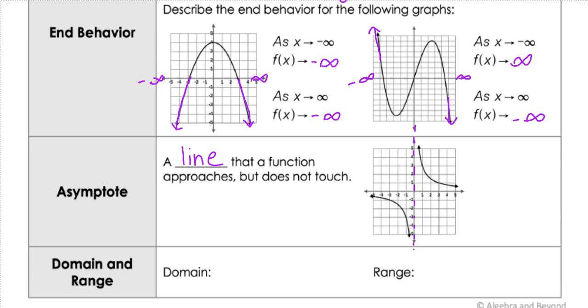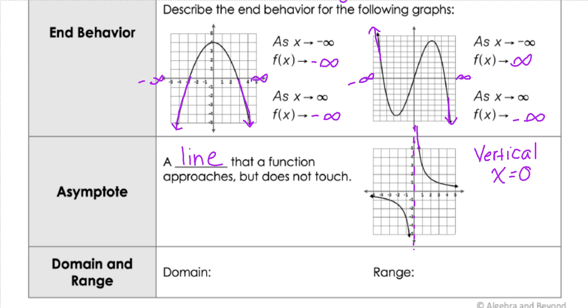It's not actually part of the function, so we draw it as dashed, but it represents the asymptote that the function is going to get closer and closer to over here, but it's never actually going to touch it. It's just infinitely getting closer. So we would say that the vertical asymptote, because it's going vertical, is at x equals 0. We want to write it as an equation.